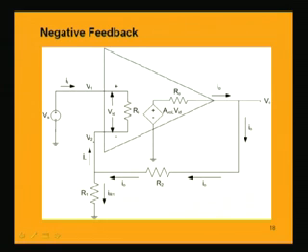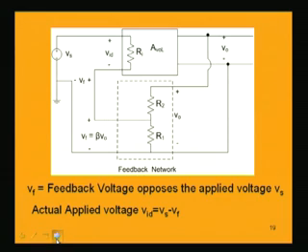It means the voltage which is available due to the feedback loop. If we consider this voltage V2, that is the feedback voltage available because of this loop. Now, if we consider the whole circuit again and see where this feedback voltage is being added up and what is the polarity of this feedback, then we will understand how negative feedback is happening here.